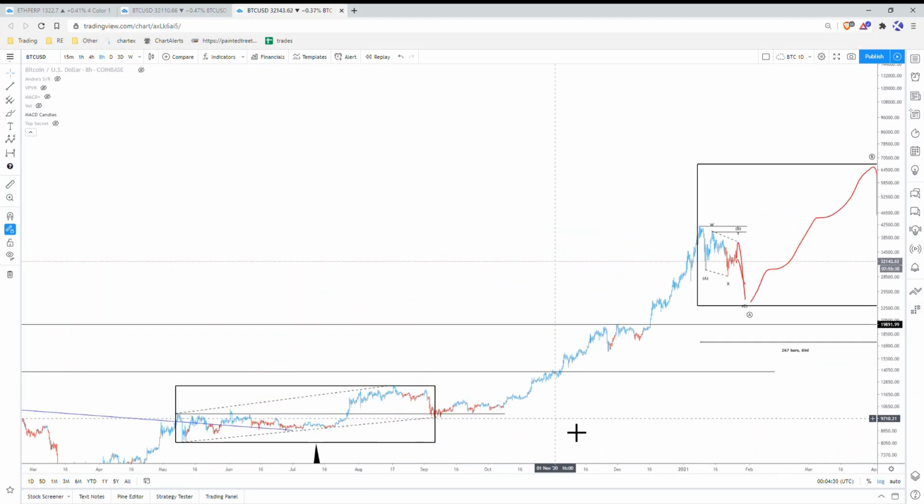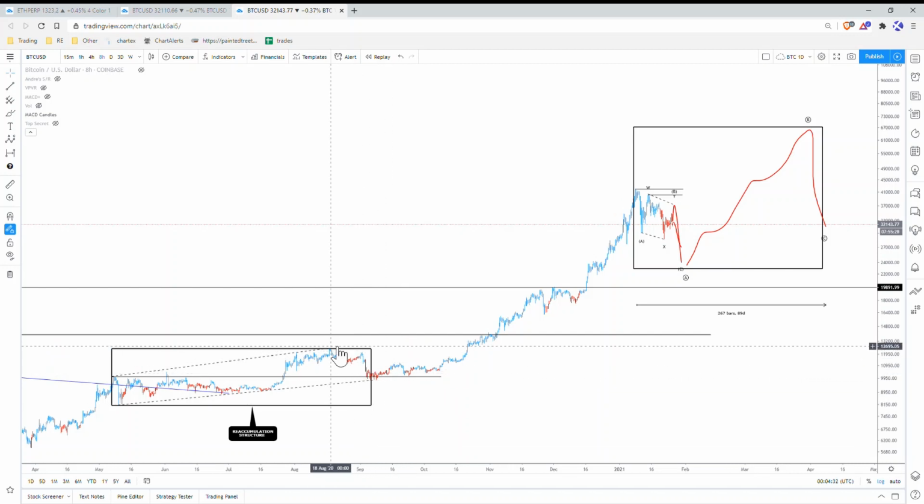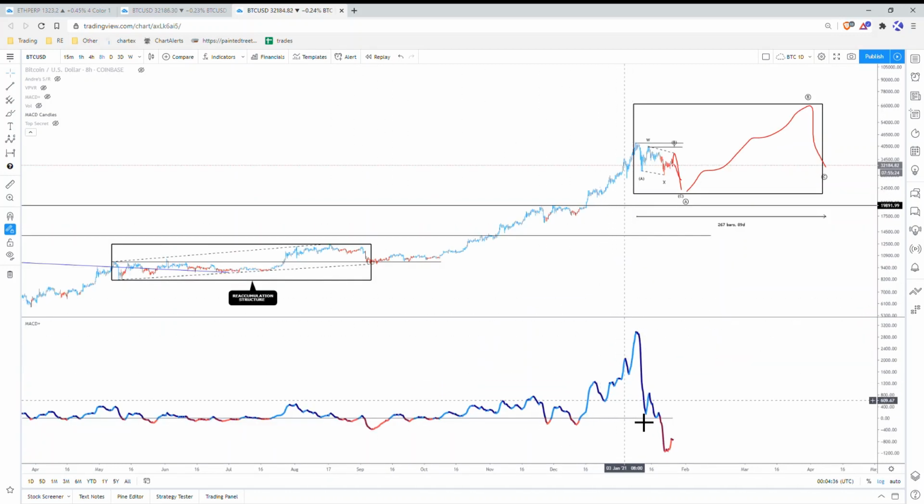You can see there was a couple times where the 8-hour turned red during this run, but this is the first time it really got this high, right? So at this point, if it comes back up and then comes back down, then it's probably going to be crossing but internal to these lows. The low here would be in at that time.